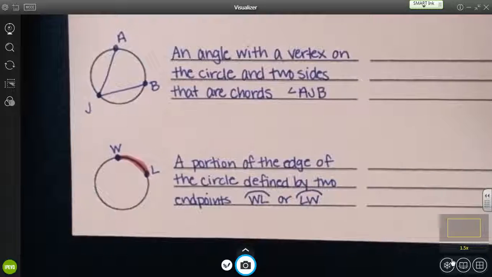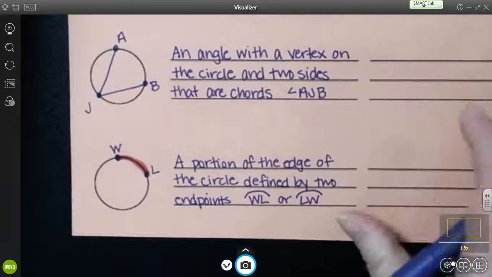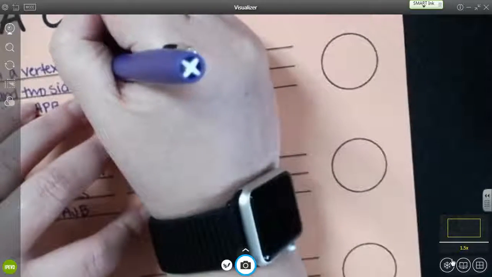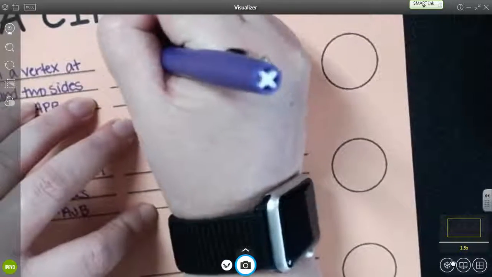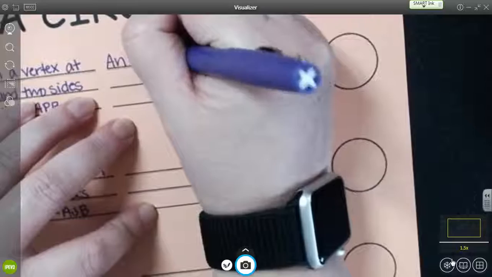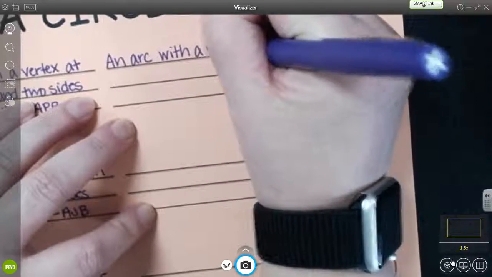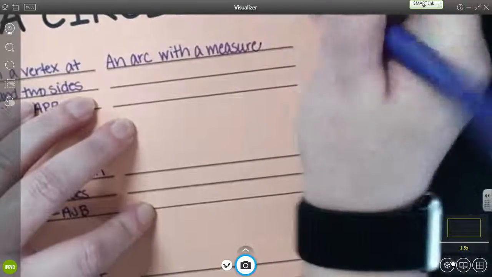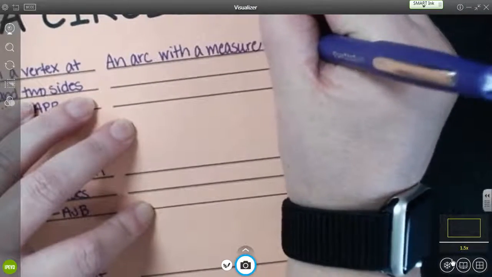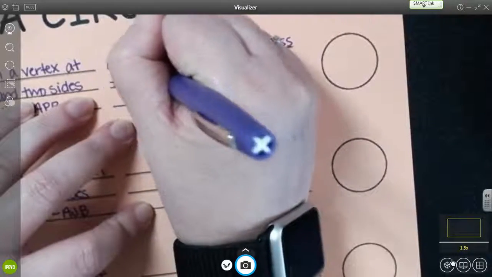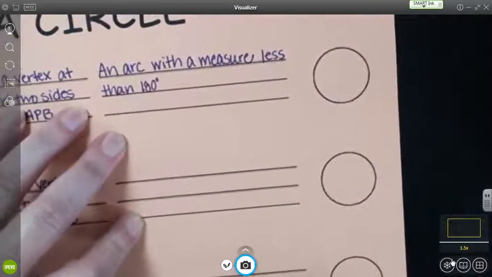Within our arcs, we have 3 different types of arcs. The first one is called a minor arc. And a minor arc is an arc with a measure less than 180 degrees.